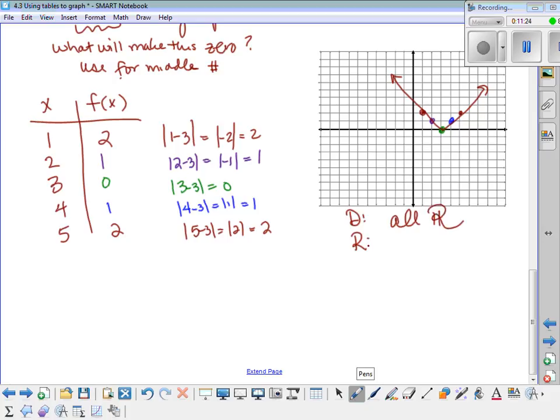But if we look up and down, is y ever going to be down here in the negative numbers? No, it's going up both sides. So the lowest number y can possibly be is, what's the value of y? 0 right there, right? So y has to be greater than or equal to 0. And that would be your range.